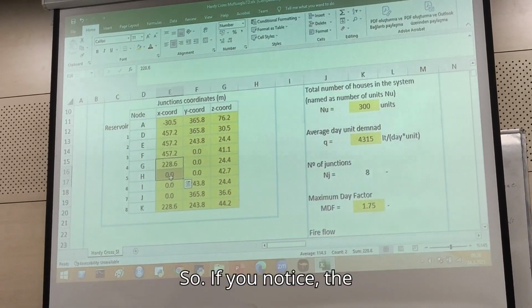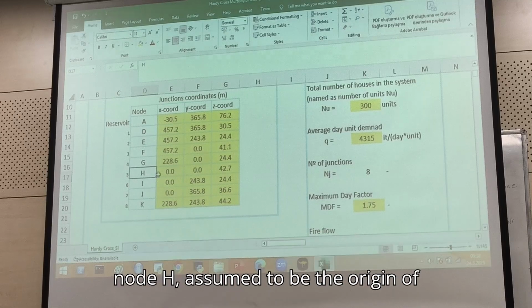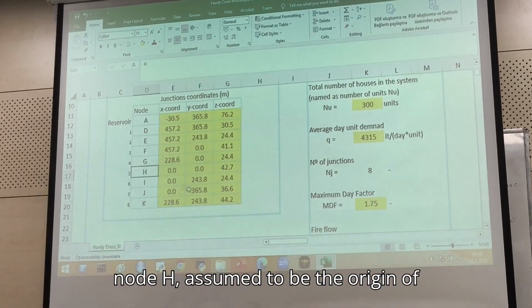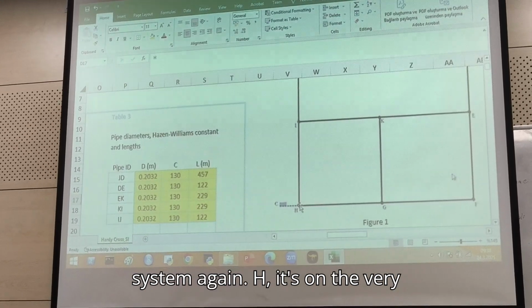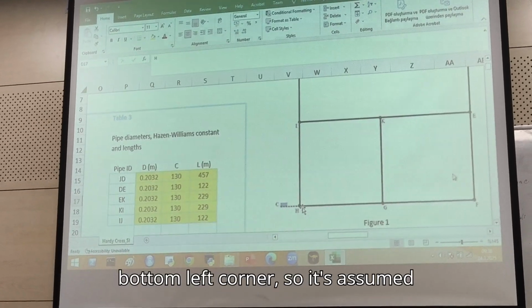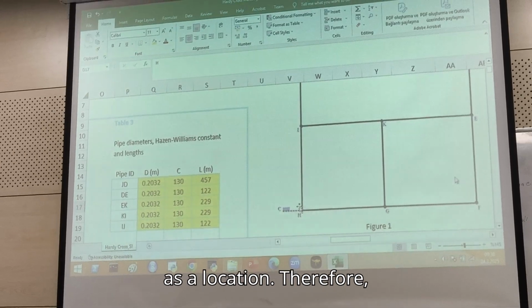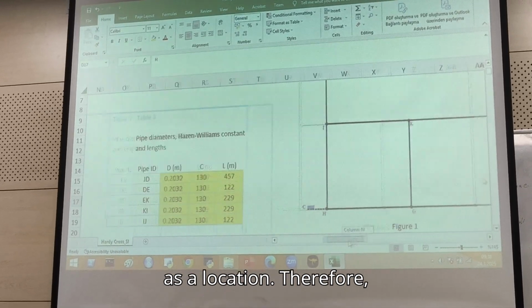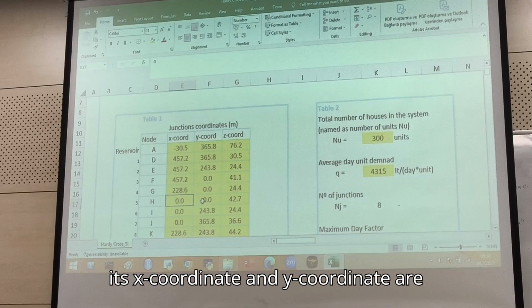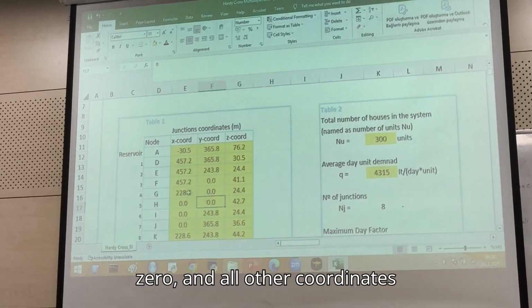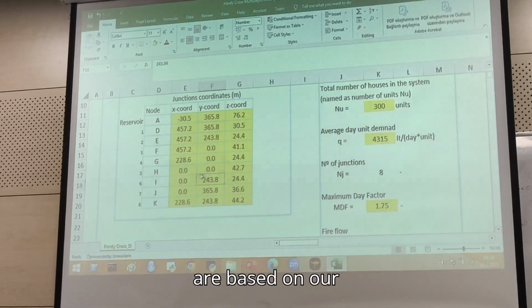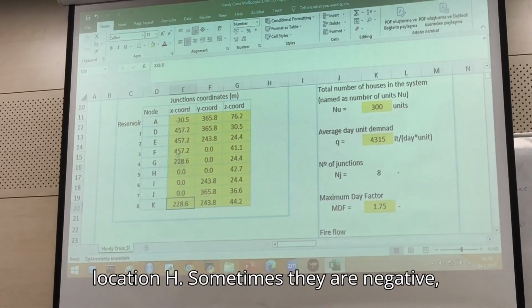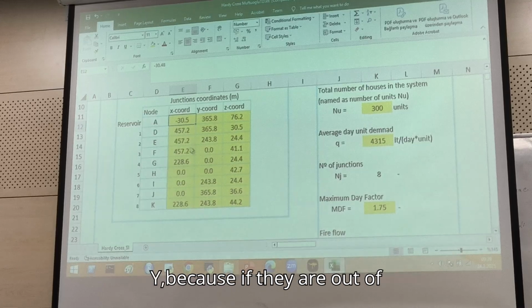So, if you notice the node H is assumed to be the origin of the system. Let's have a look at the system again. H is on the very bottom left corner, so it's assumed as a 0, 0 location. Therefore, its X coordinate and Y coordinate are 0, and all other coordinates are based on our location H. Sometimes they are negative. Why?